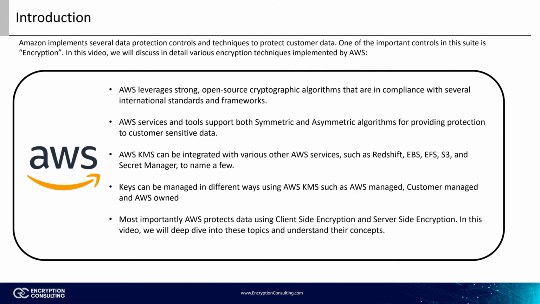You can integrate KMS and encryption into various other AWS services, such as Redshift, EBS, EFS, S3, and Secret Manager, to name a few. Data keys can be managed in different ways using AWS KMS, such as AWS Managed, Customer Managed, and AWS Owned. Most importantly, AWS protects data using client-side and server-side encryption.